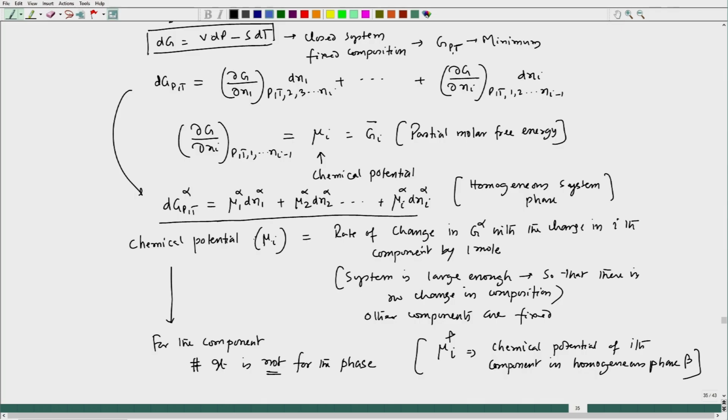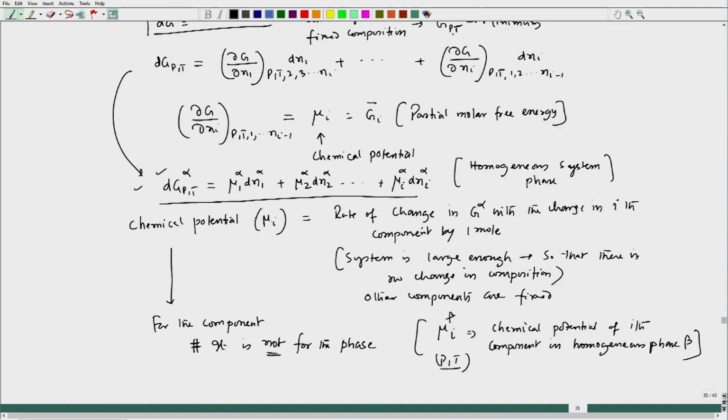Now, let us treat this equation again, and remember this time pressure and temperature I am keeping constant. If I keep pressure and temperature constant, then this minimization of G would be decided by how we relate the chemical potential of different components in different phases.